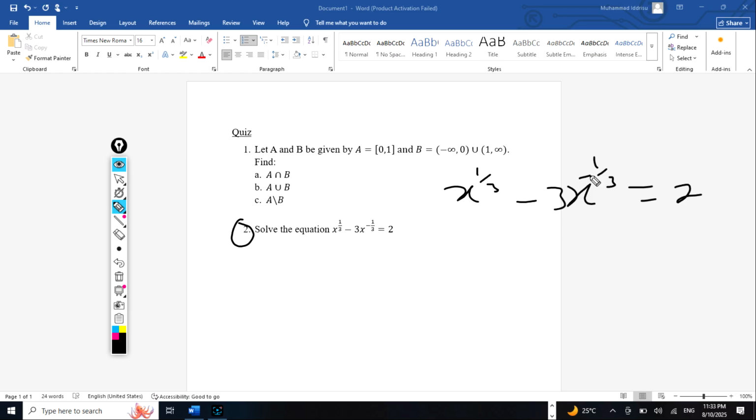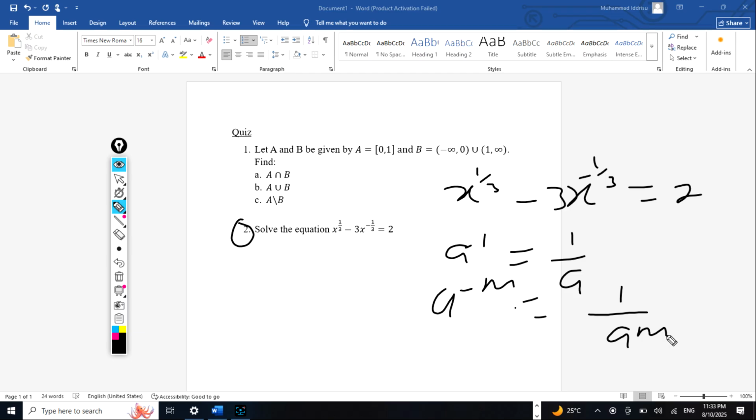So if we use the inverse property, we know that a to the power negative 1 is the same as 1 on a. So a to the power negative m is the same as 1 on a to the power m. The same way, if it was 3 a to the power negative m, we have it as 3 over a to the power m.